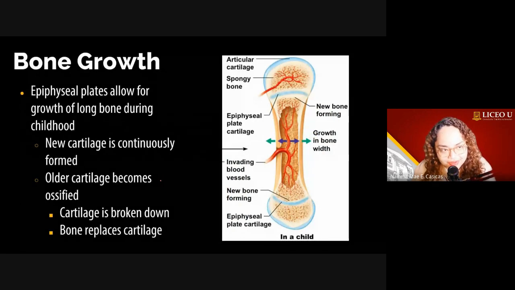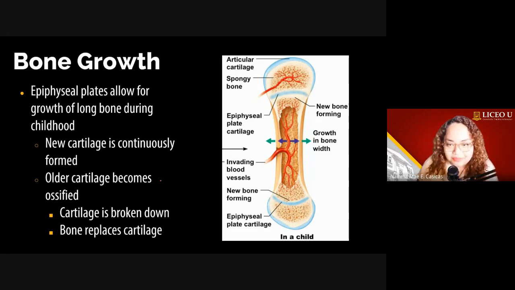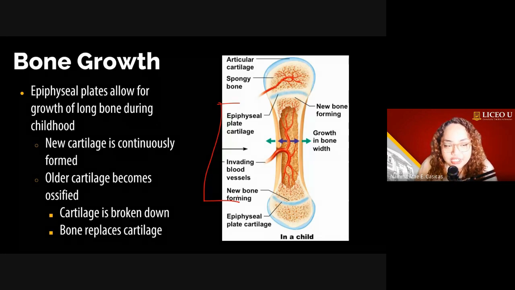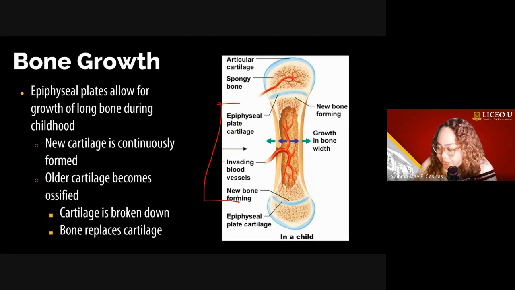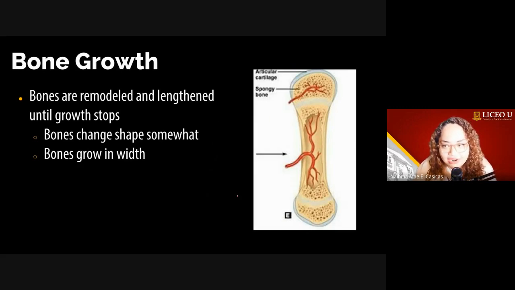So, in bone growth, the epiphyseal plates allow for growth of long bones during childhood. The epiphyseal plate is the part in the middle, right? New cartilage is continuously formed really fast during this time. It only takes a matter of weeks, and the older cartilage becomes ossified. So cartilage is broken down and replaced by bone, and then bones are remodeled and lengthened until growth stops.